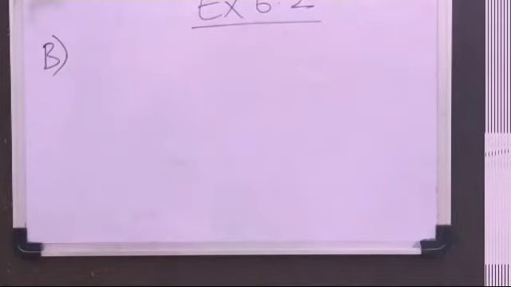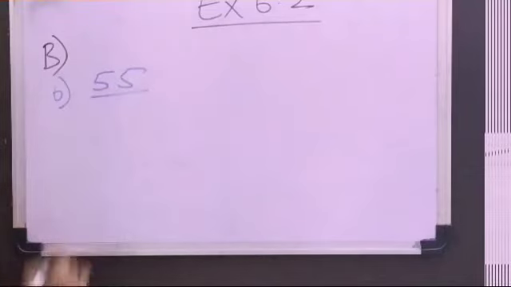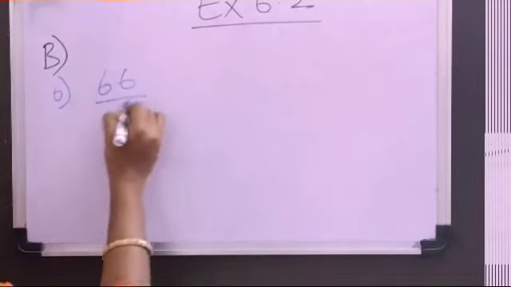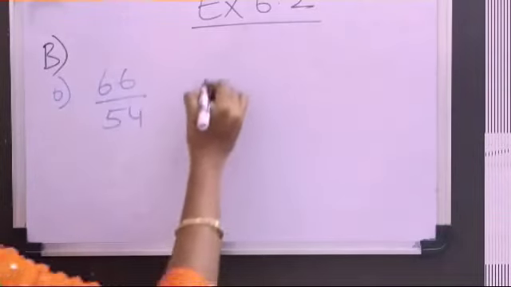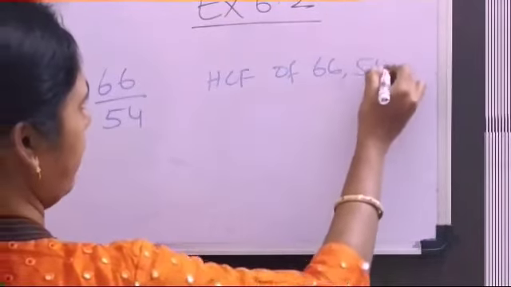Now next we will do the 6th bit. It is 66 by 54. So the HCF of 66 and 54.